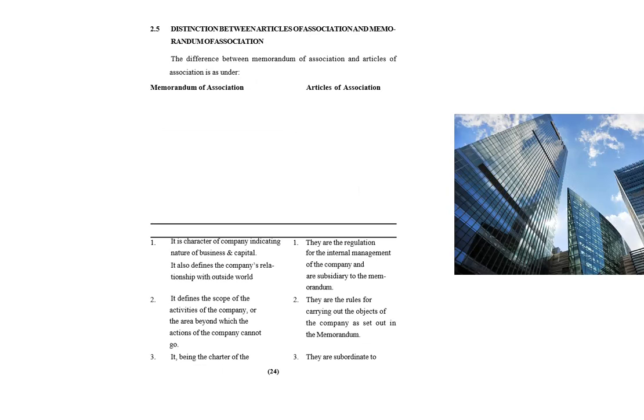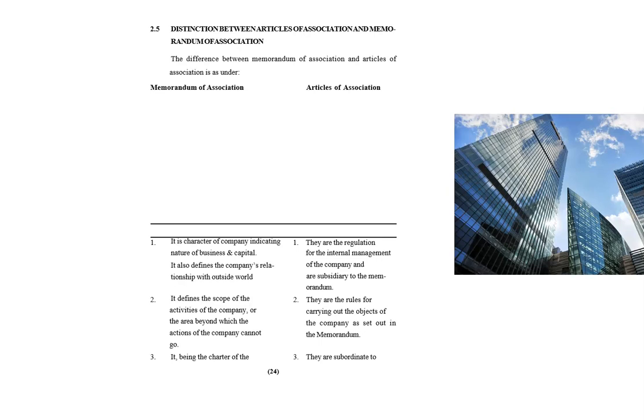The difference between memorandum of association and articles of association. The memorandum is the charter of the company, including the nature of business and capital. It defines the company and its relationship with the outside world. It defines the scope of activities of the company. Articles of association are regulations for internal management, rules of management of the company, subsidiary to the memorandum.